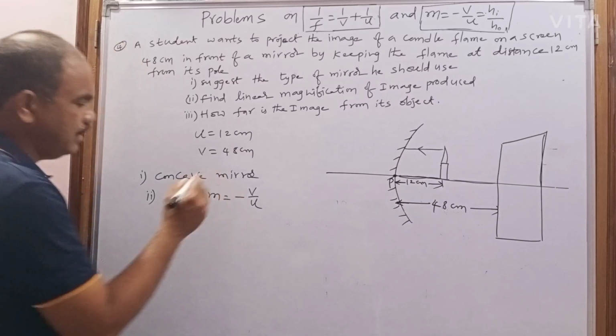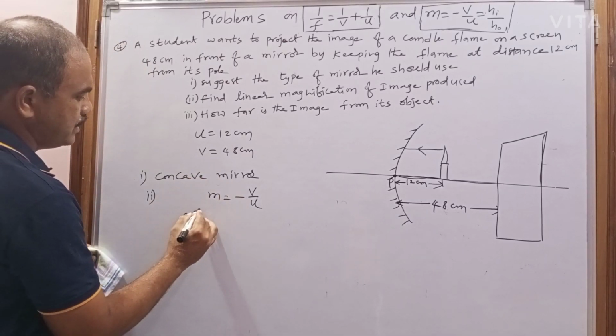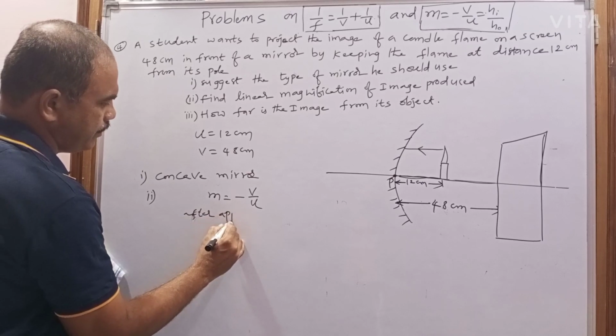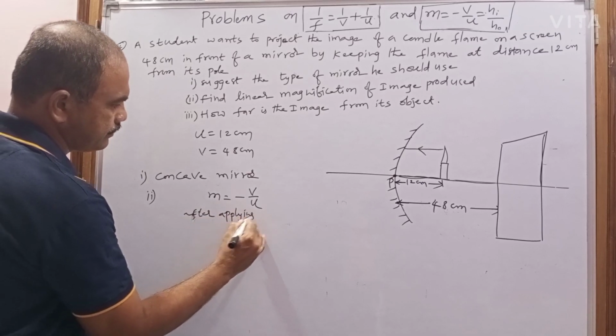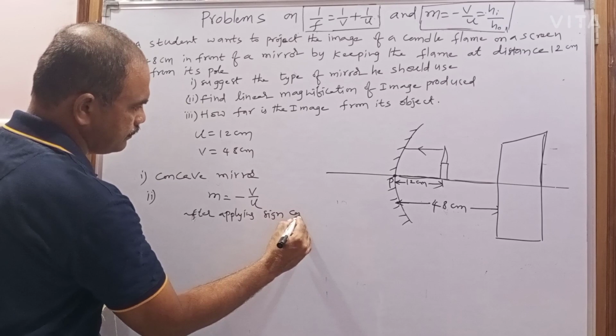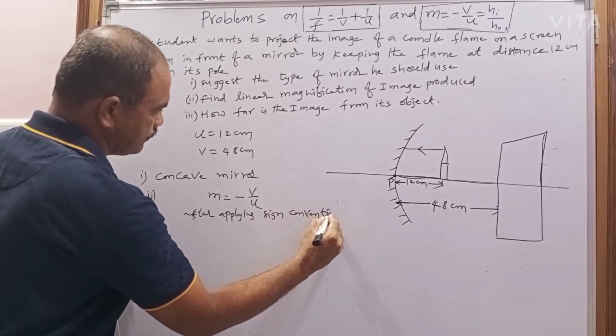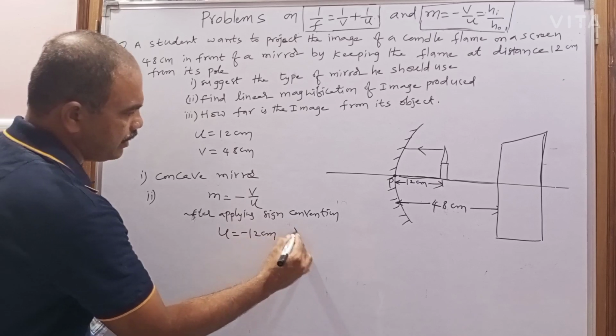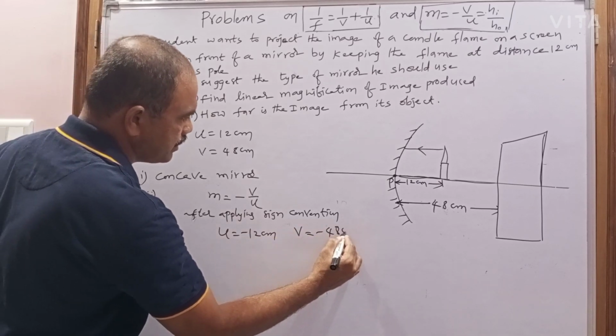After applying the sign convention, U is minus 12 centimeter and V is minus 48 centimeter.